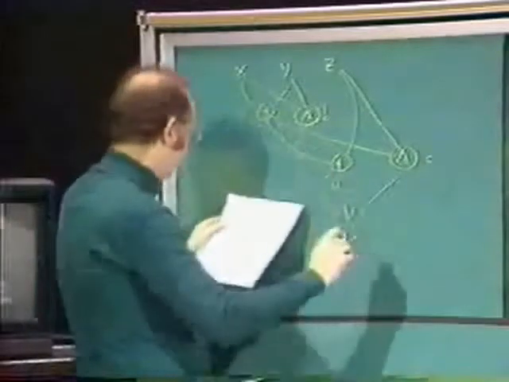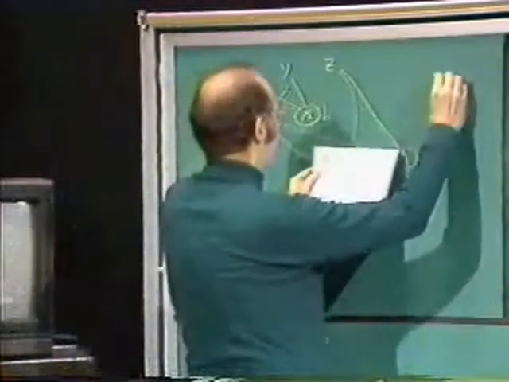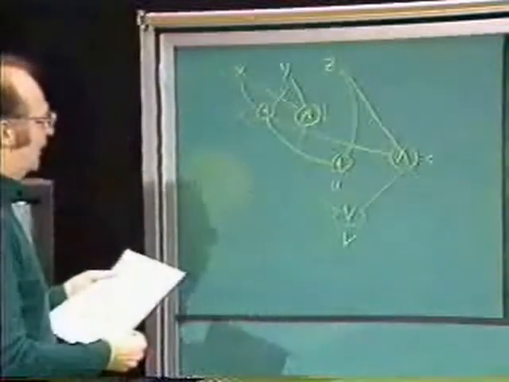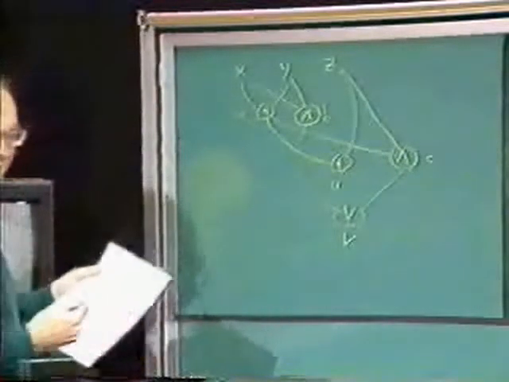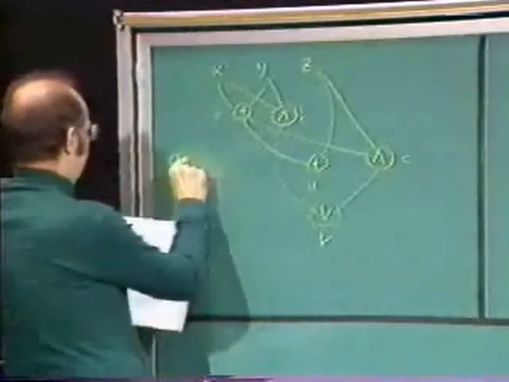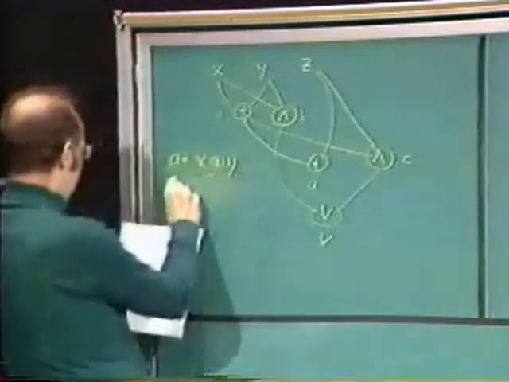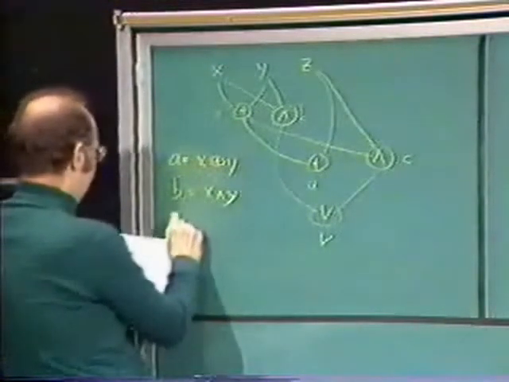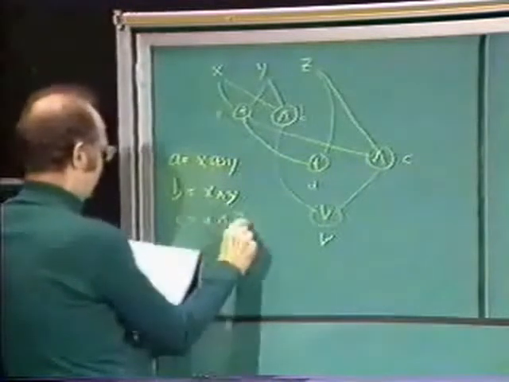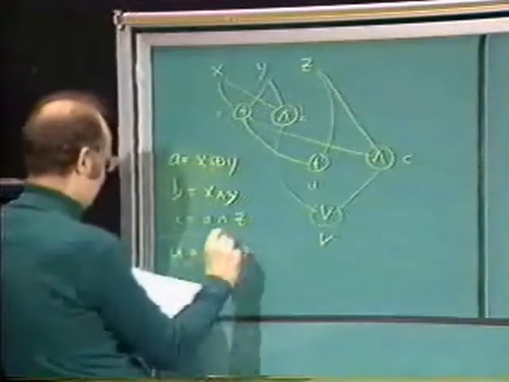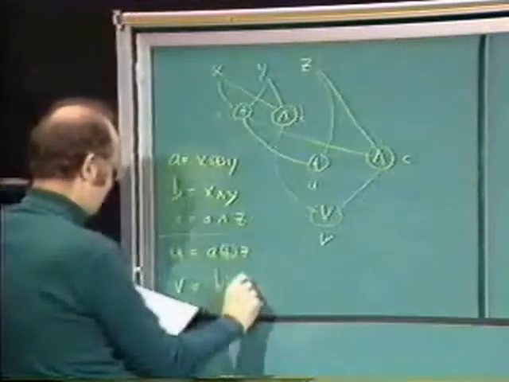So we also had the straight line description, which is used in compilers, and gives you what they call a DAG, a directed acyclic graph, where A is equal to x exclusive OR y, B is equal to x and y, C is equal to A and Z, and there was U, the output. U is equal to A exclusive OR Z, and V was B or C.